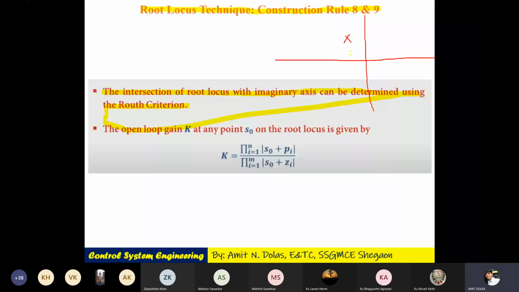And if you take a test point in this direction somewhere, again the number of zeros and poles towards the right hand side will be 2, and 2 is again an even number, so there is no odd number next to any test point.